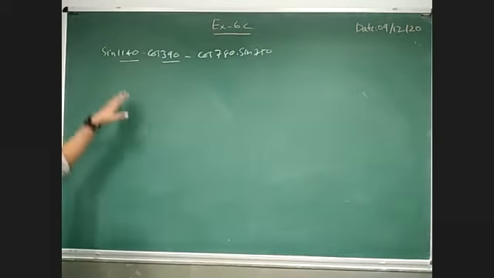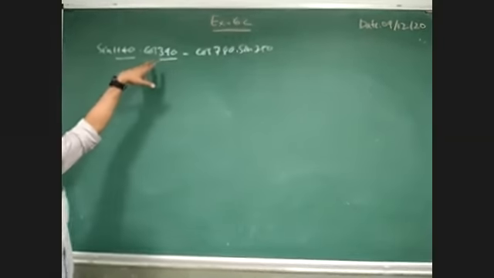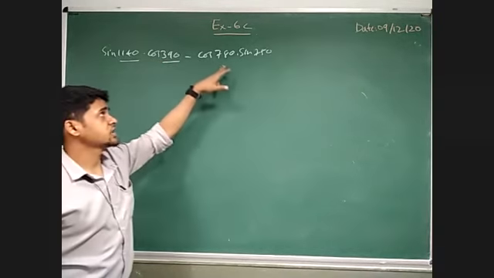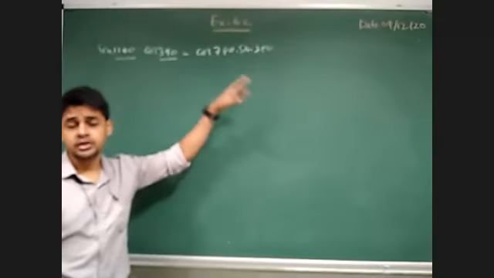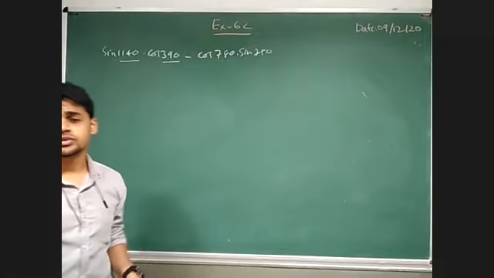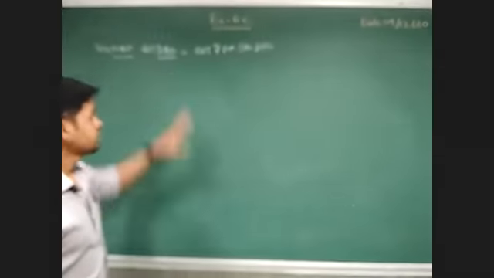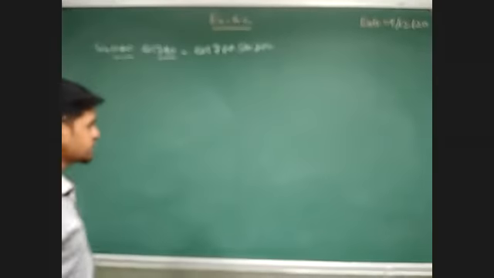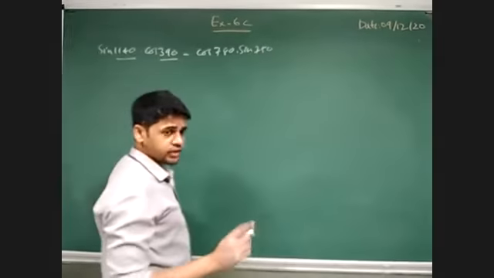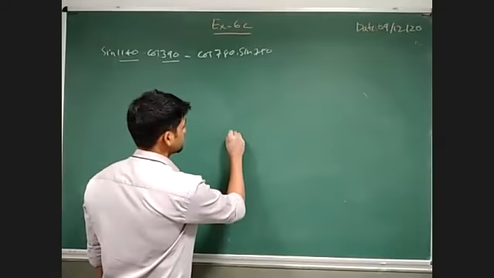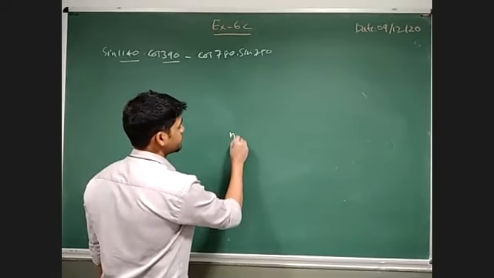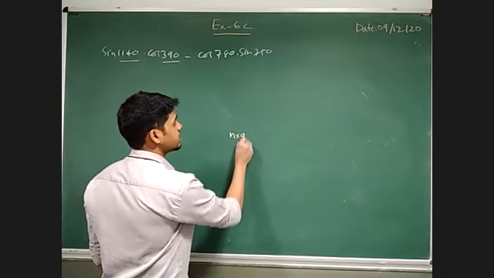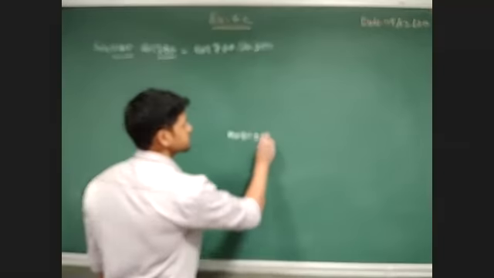But we don't know the value of cos 390, cos 780, or sine 75. So for finding this kind of value, we use one thing: we make these theta values into the form n90 plus minus theta.